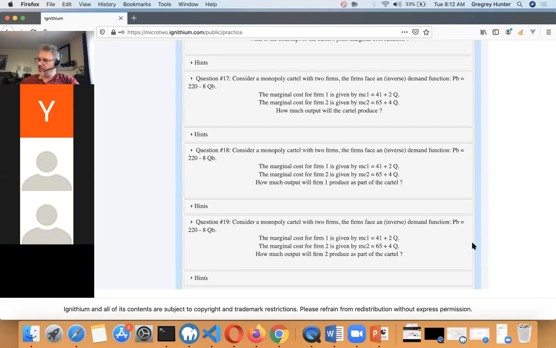And if I was going to write this nicely, I would write 294 first because that's the intercept, plus 8Q, and then divide both sides by 6. And that would be my joint marginal cost function there.